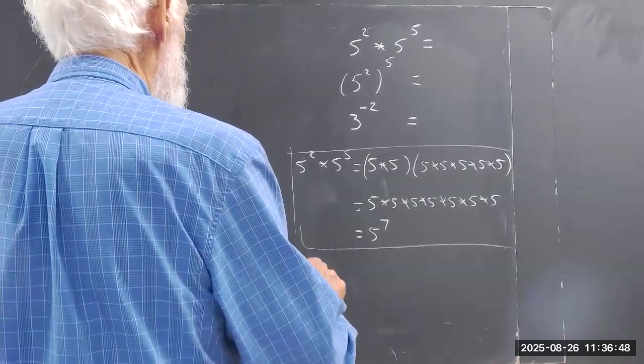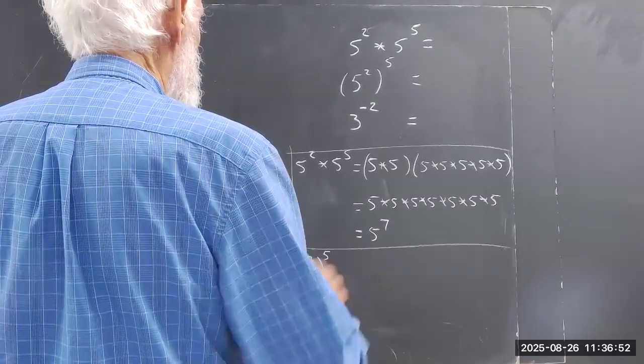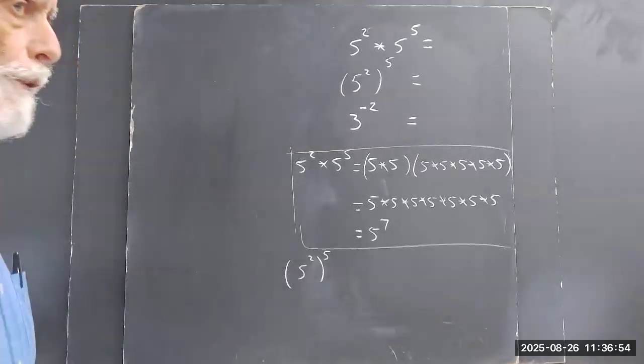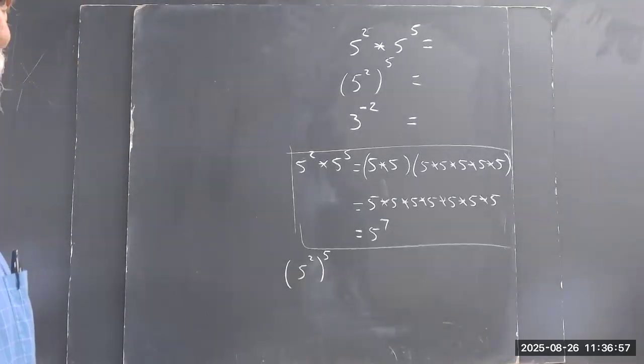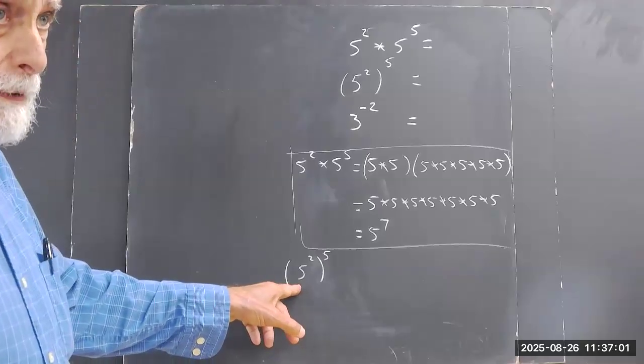So how could we write 5 squared to the 5th? Well, we know that 5 squared is 5 times 5, right?